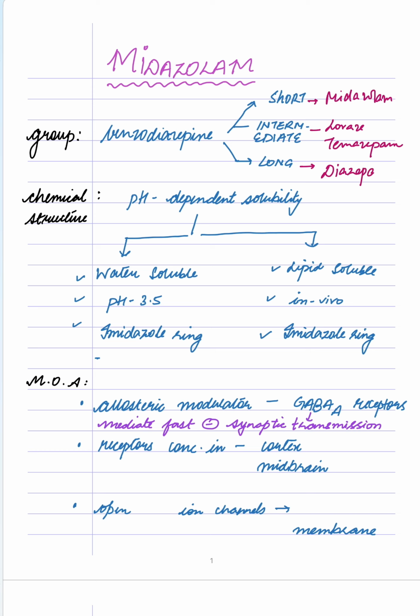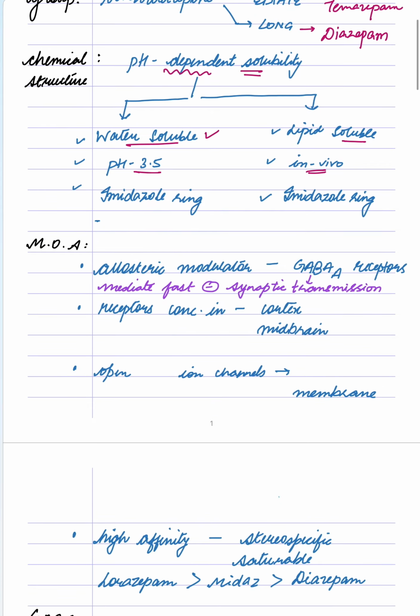Now, coming to the chemical structure, midazolam exhibits a very distinct phenomenon: it has a pH dependent solubility, which means that at a pH of 3.5, it is water soluble in a buffered acidic medium, but it's lipid soluble at physiological pH in vivo. So, why does this happen? This property comes from its chemical structure, that it has an imidazoline ring.